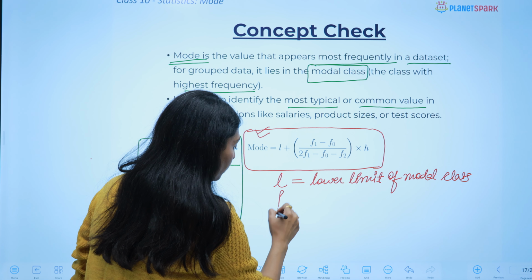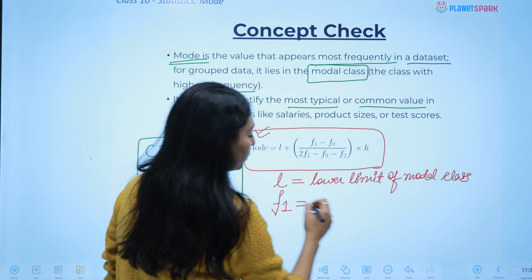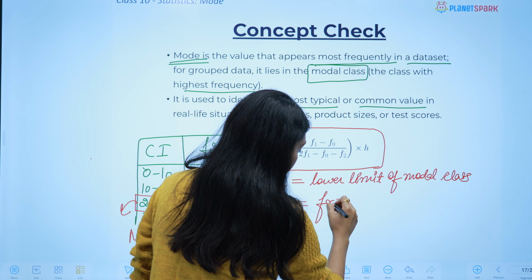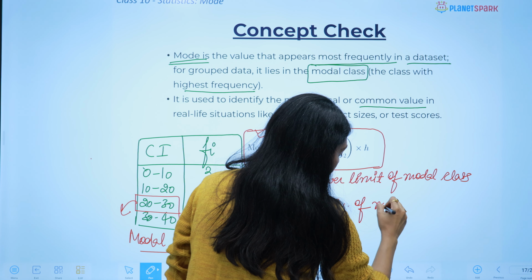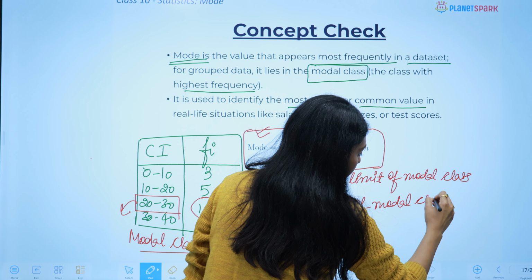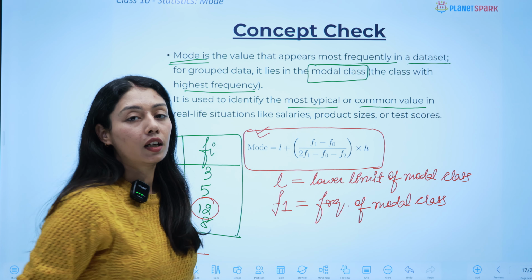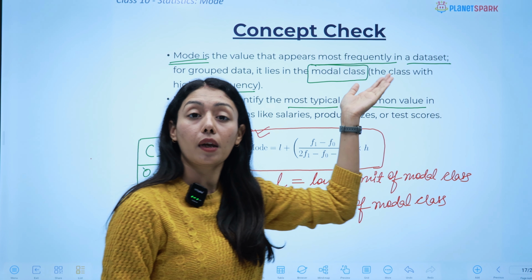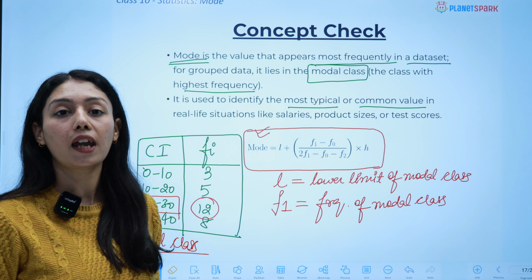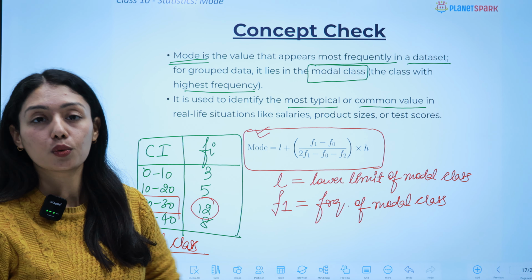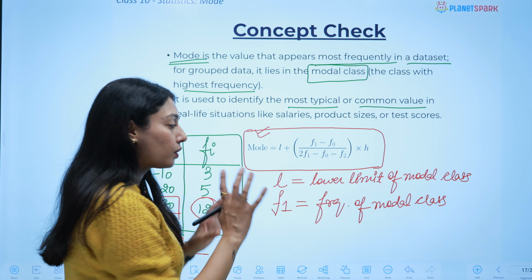Then the frequency of the modal class, F1 we call it. Why are we calling it F1? So that इसकी previous value को हम F0 बुला सके, next value को F2 बुला सके: 0, 1, 2. Now we need both of the frequencies here.